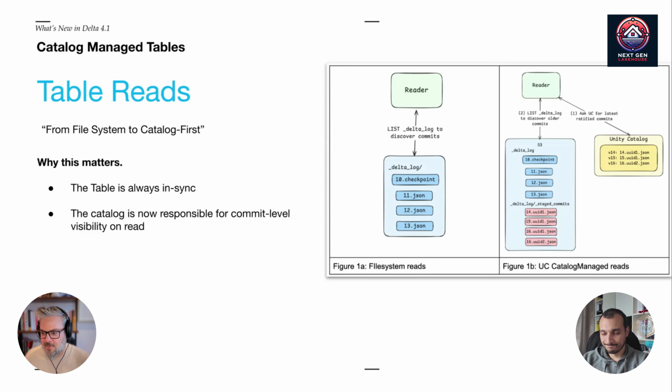And there was the DynamoDB thing, I can't remember the name of it. In AWS, it required DynamoDB to orchestrate writing from multiple engines. With catalog managed commits, it will get rid of the database, because Unity Catalog already has a database. And so that ends up doing all the work for you.